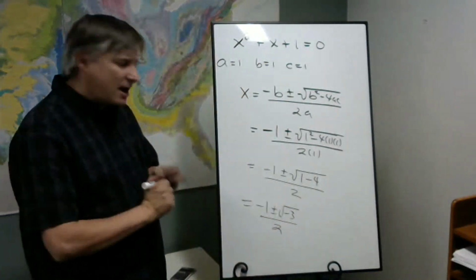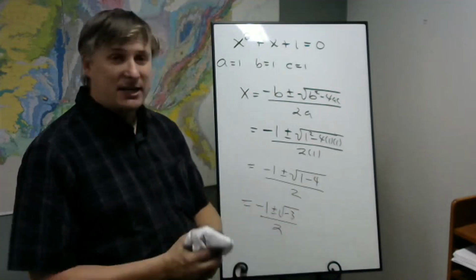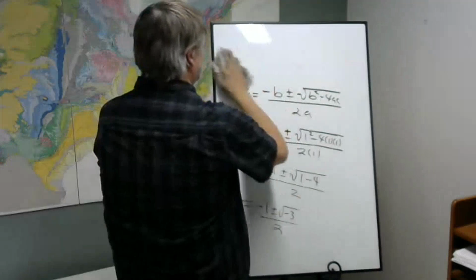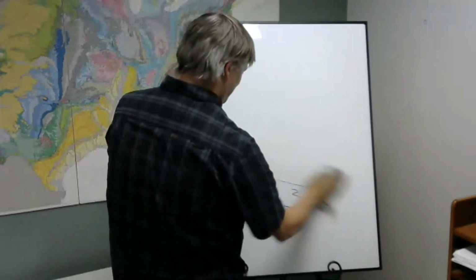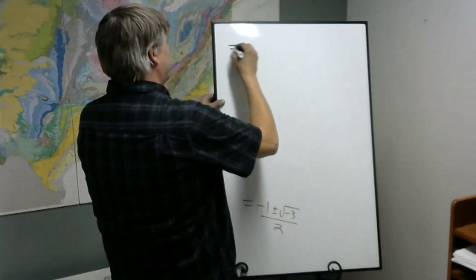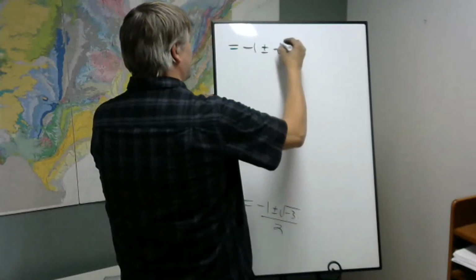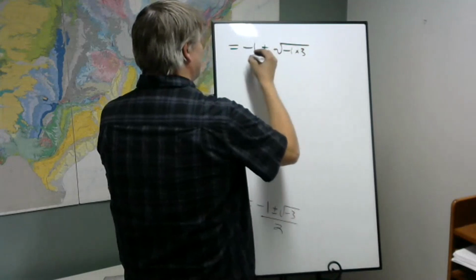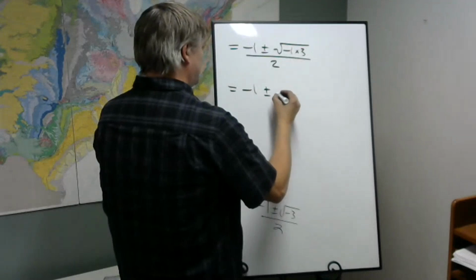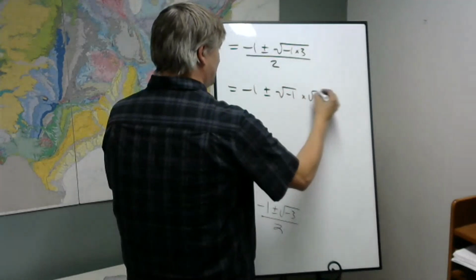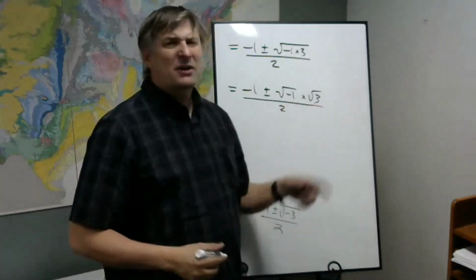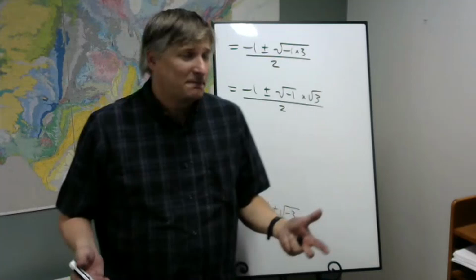And this is where we would usually stop. We would say, well, hold on, we can't take the square root of a negative number. But now we can. So we can write this as -1 plus or minus the square root of -1 times 3 over 2. Or -1 plus or minus the square root of -1 times the square root of 3 over 2. Now this is an irrational number, so we're just going to leave it as square root 3.